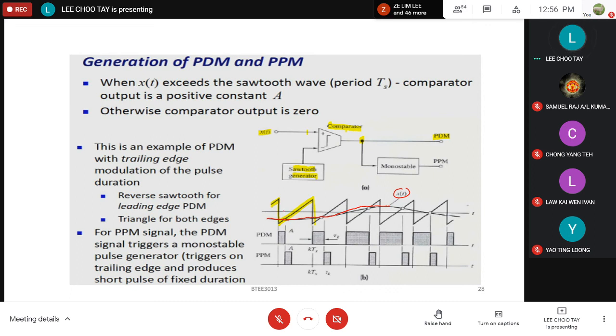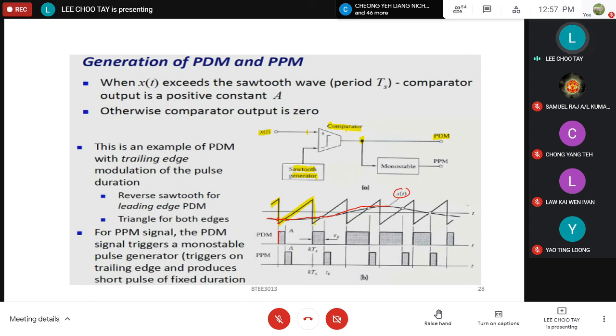If you look at the output of the comparator at this point, is your XT more or less than the triangular waveform, the sawtooth waveform? It's more, isn't it? The amplitude of your XT is more than the amplitude of the sawtooth waveform. Therefore, a positive output is generated.